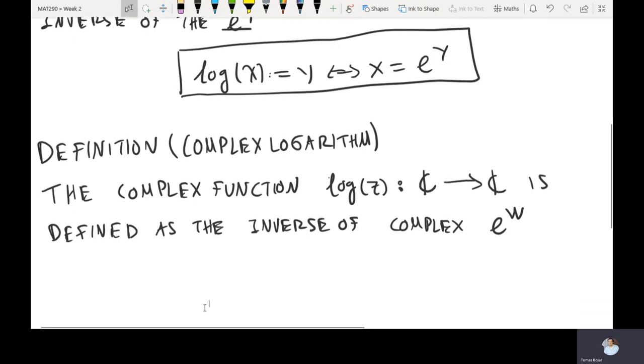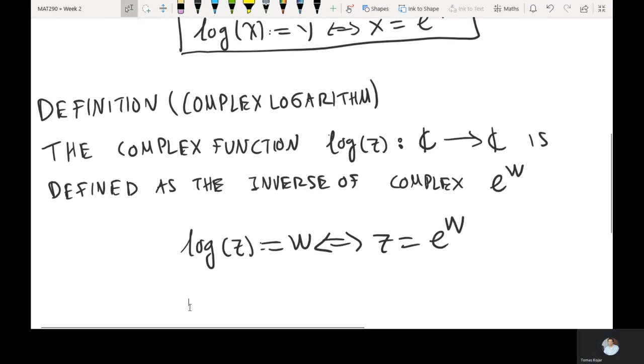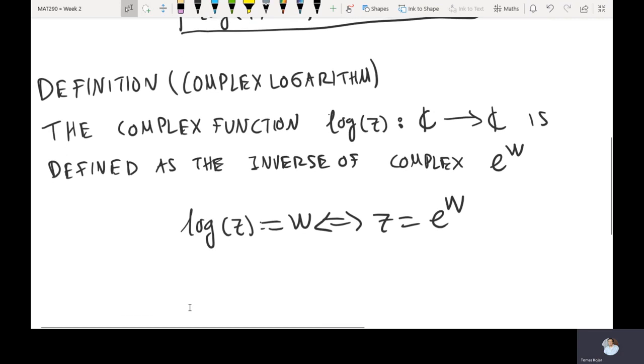So same way, log z is defined as w if and only if z is equal to e to the w. Okay, so this is our definition of a complex logarithm.